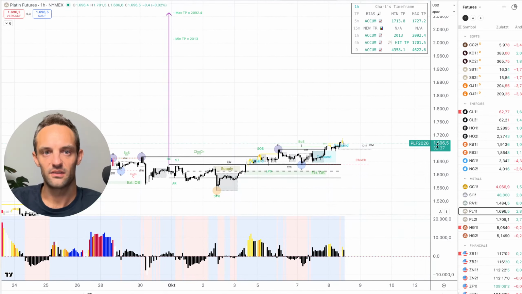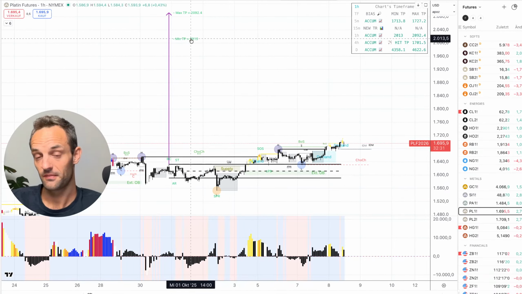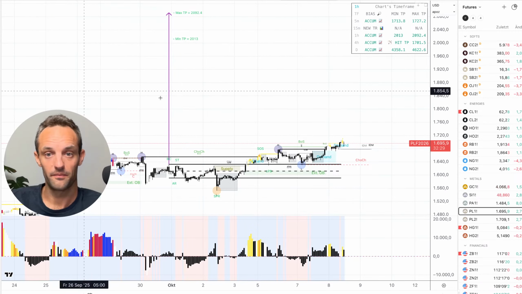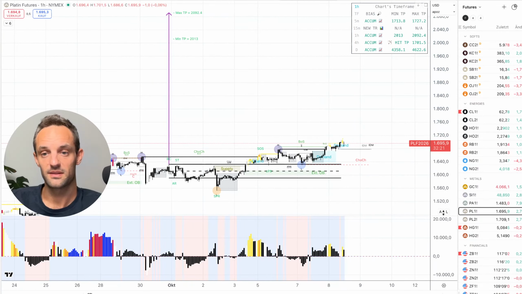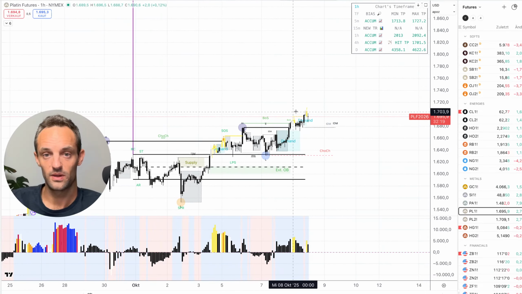Trend is valid. This is a very high target for this Wyckoff range. Wow, it's 22% to the max TP. Can we really do it? But of course, as long as the trend is there, the market might drift to the upside.